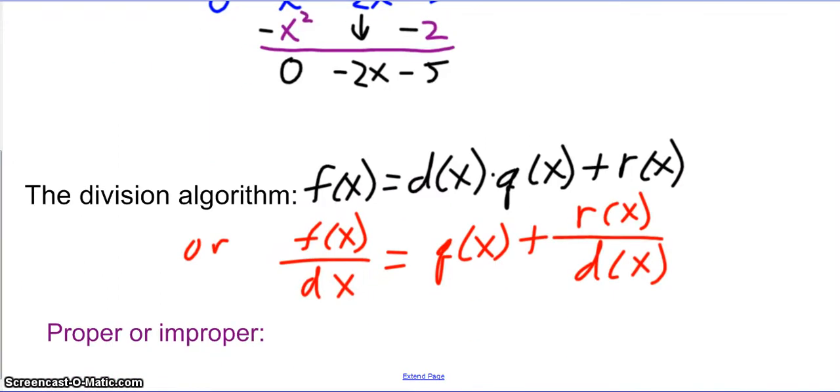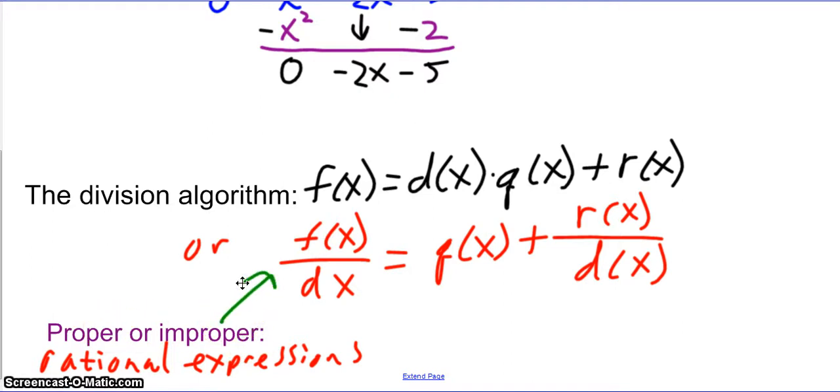Now just a little bit more with terminology. Proper versus improper rational expressions. If we've done our division correctly, an improper rational expression is going to be f of x over d of x.